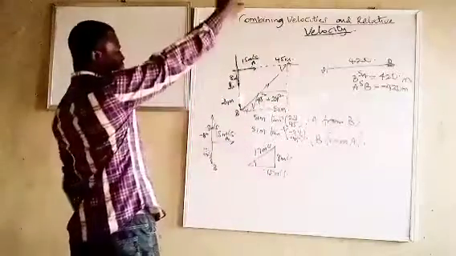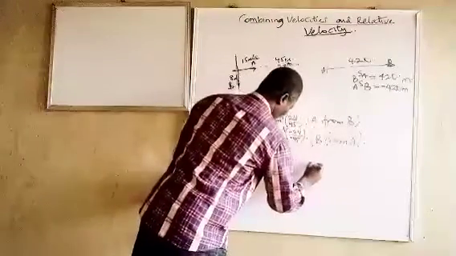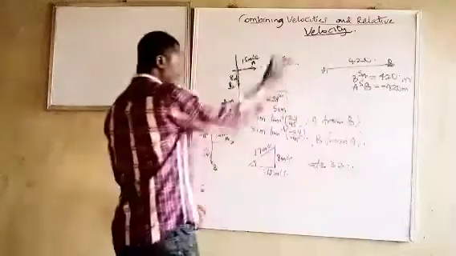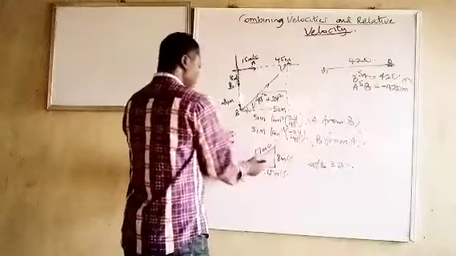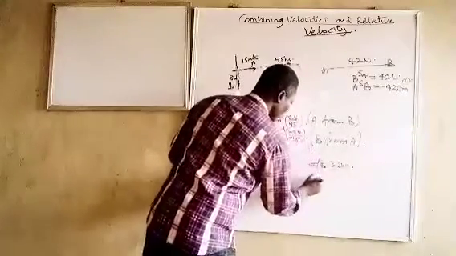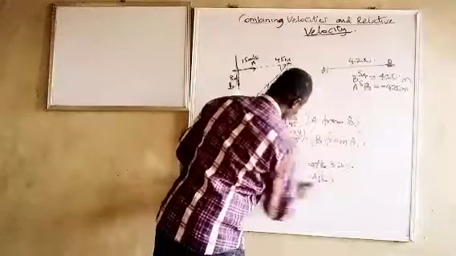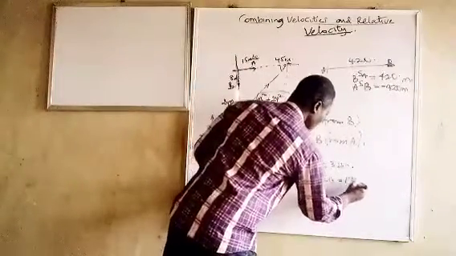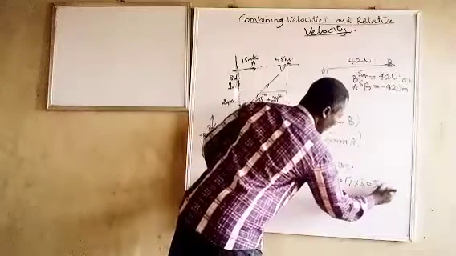After 3 seconds, the distance between A and B, that is A from B, will now be equal to 17 times 3, which is 51 meters.